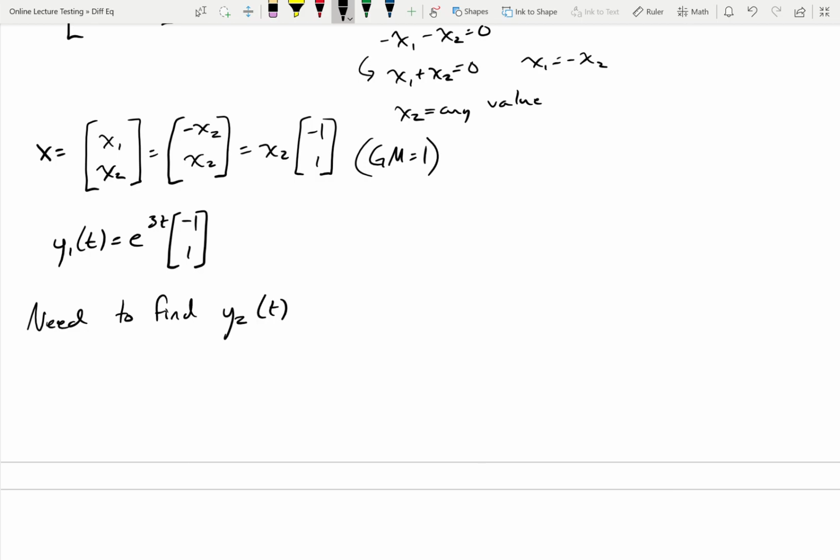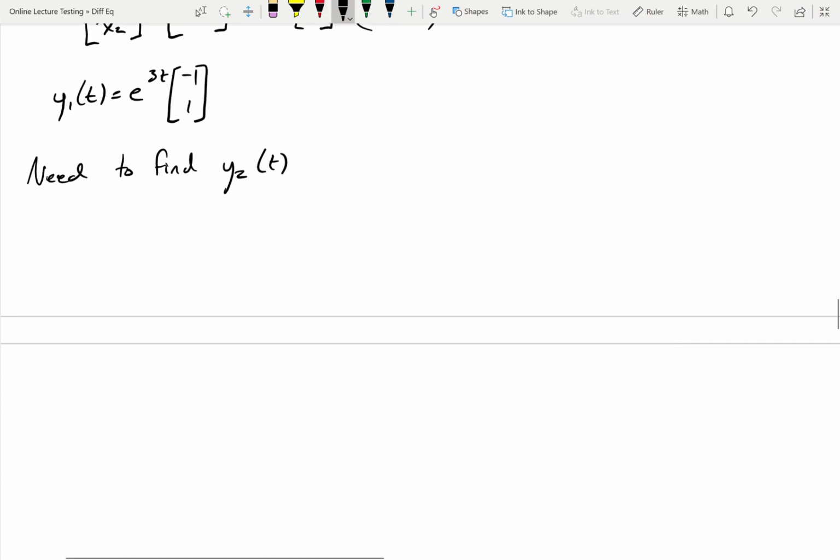y2 of t. Well, let's go through it. So we know v1 is equal to that original eigenvector corresponding to lambda equal to 3.